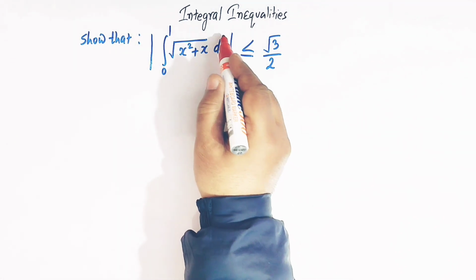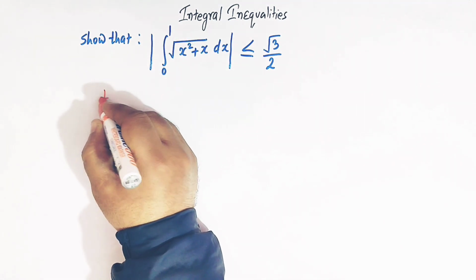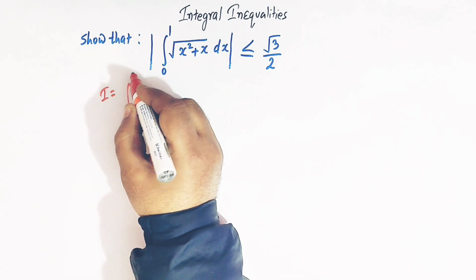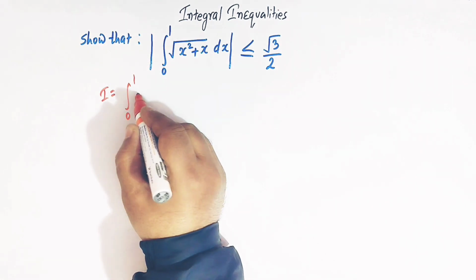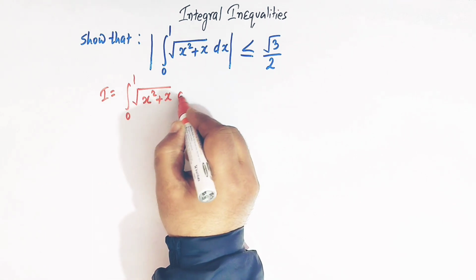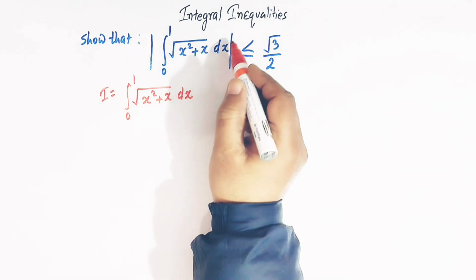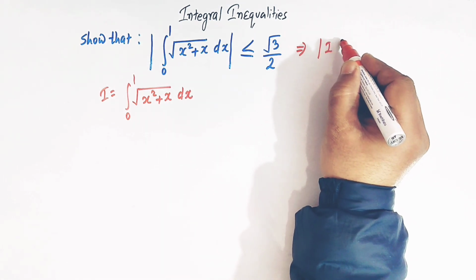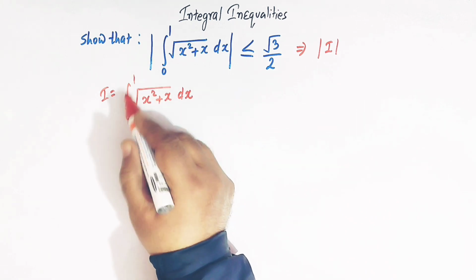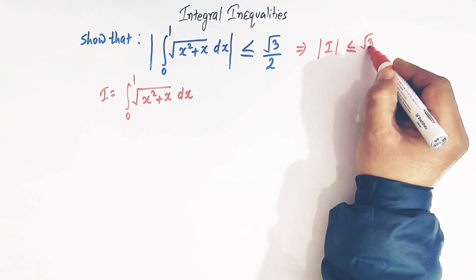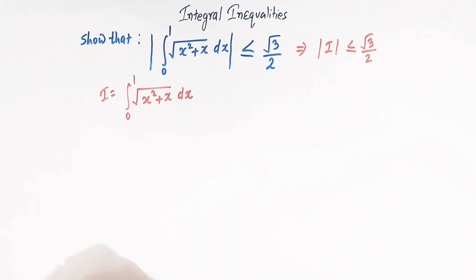Let us call this integral I. So we have I equal to the integral from 0 to 1 of the square root of x squared plus x dx. We now have to show that the mod of I is less than or equal to the square root of 3 over 2.